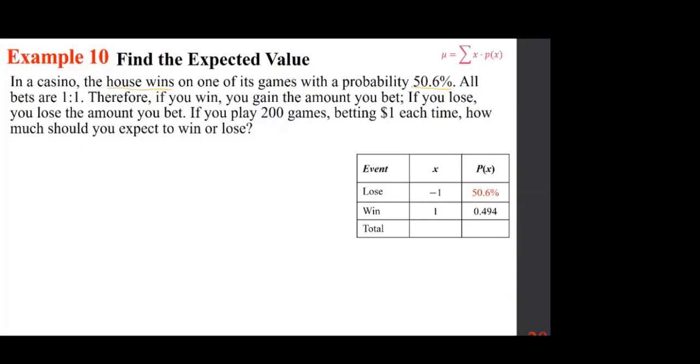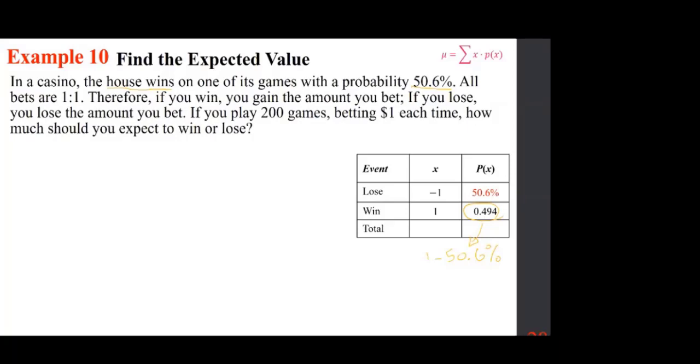Now, what is the probability of winning and the amount of winning? Well, we are playing with $1, let's say, or however amount. So that would be X, but what is the probability of winning? 1 minus 50.6%. That's how we arrive at 0.506. So the answer is 49.4% or 0.494.